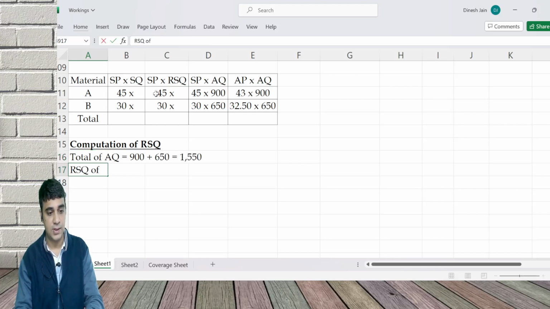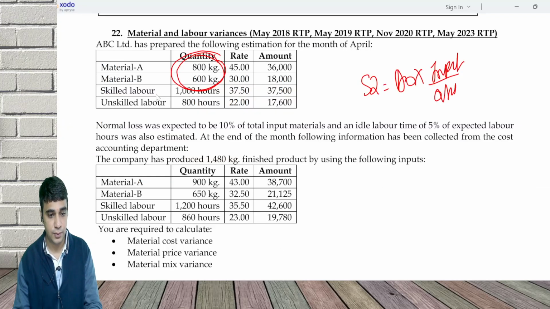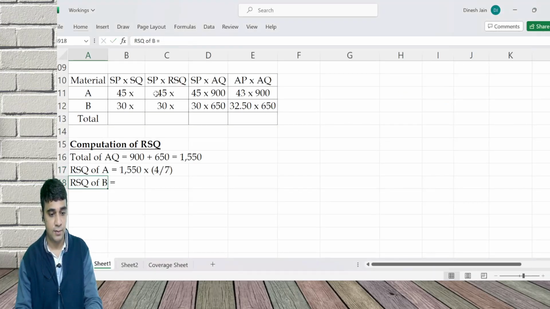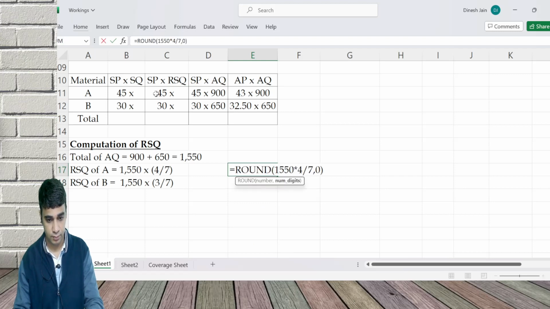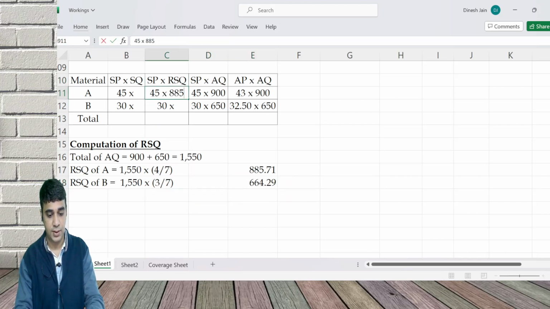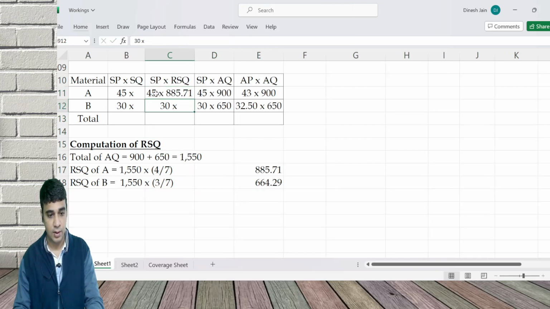Have to split this as RSQ of A, RSQ of B: 1550 into 4 by 7 and 1550 into 3 by 7. 885.71, 664.29. You want to round off, you can round off this.